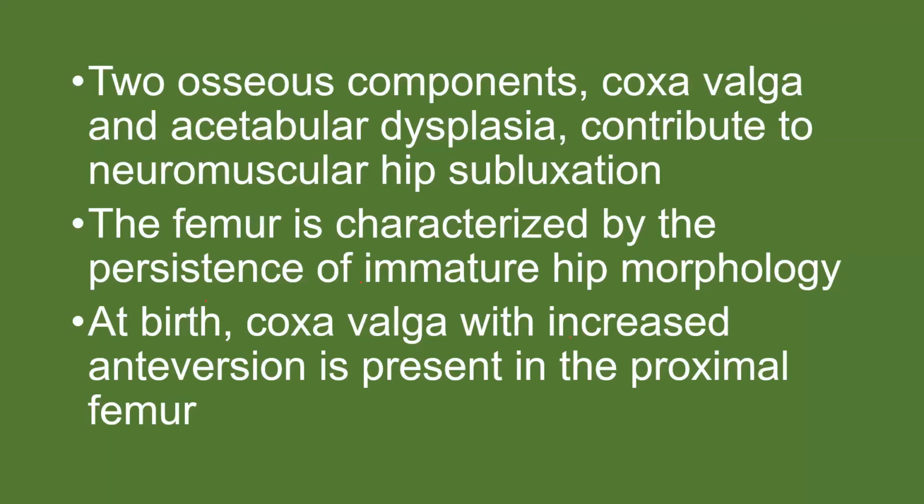Two osseous components, coxa valga and acetabular dysplasia, contribute to the neuromuscular hip subluxation. The femur is characterized by persistence of immature hip morphology. Namely, they have coxa valga and femoral anteversion.